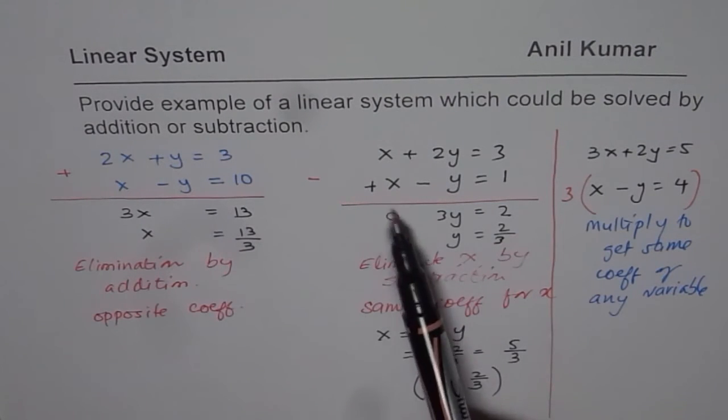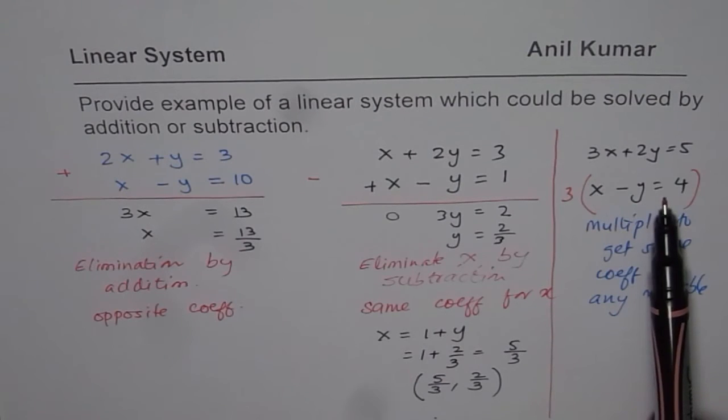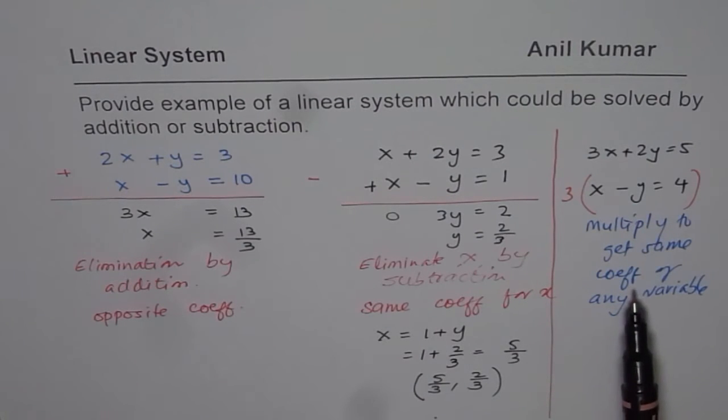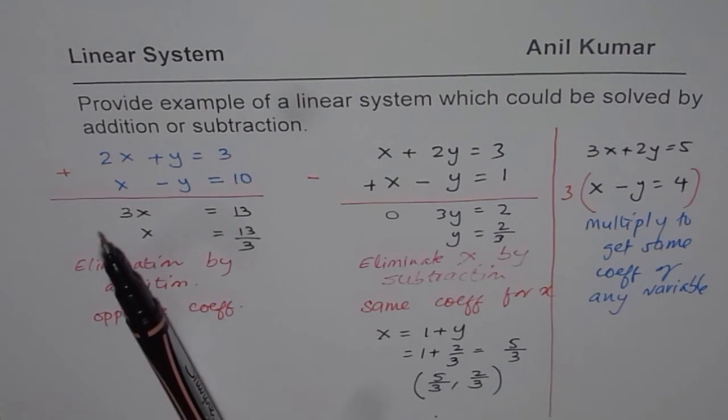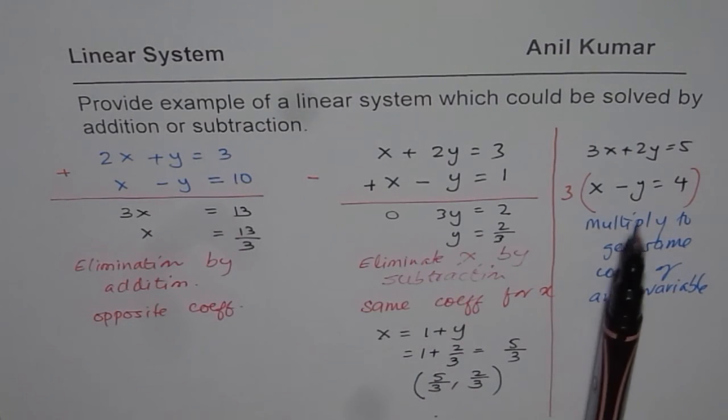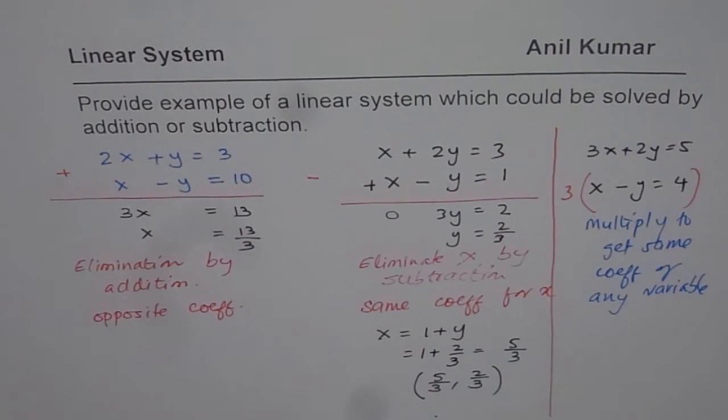But in case we don't have that kind of situation, then you need to multiply, make it the same, and then do the previous operation. Do you understand? So two steps may be required for elimination of a different kind. So we have different elimination methods. This is elimination by addition or subtraction, and we now learn how to eliminate using multiplication. I hope that helps.